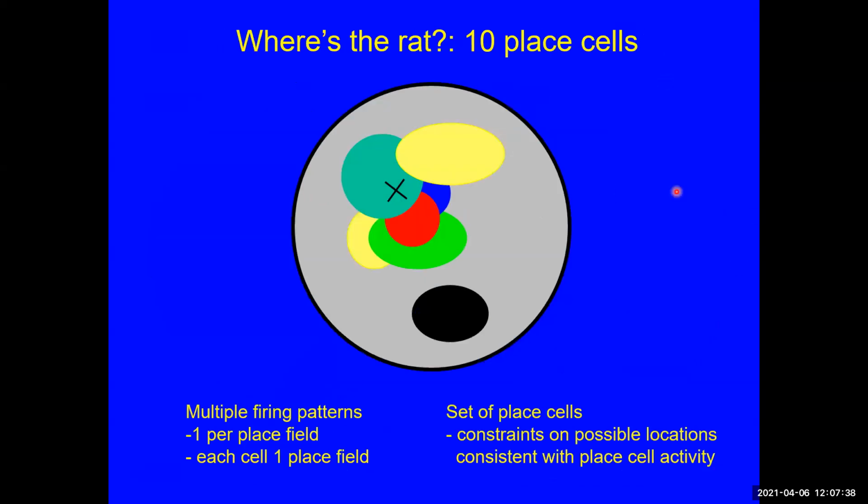And you can just keep going and add in more and more cells to further constrain the possibilities for where this rat is likely to be inside the arena. And this is really important from the rat's point of view to keep oriented in space, right? Just like us, you want to know where you're at. It's very useful for getting around in the world, avoiding places you don't want to go, getting to places you do want to go. Being oriented is vital for that.